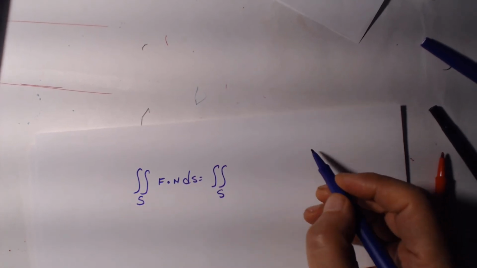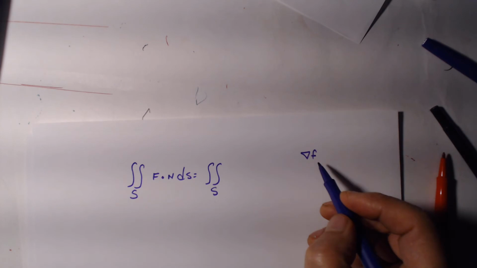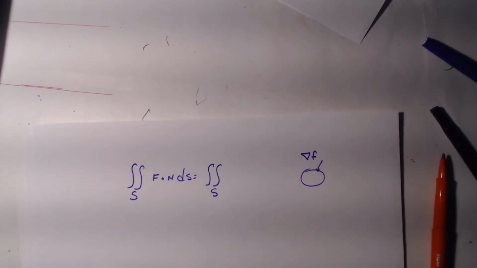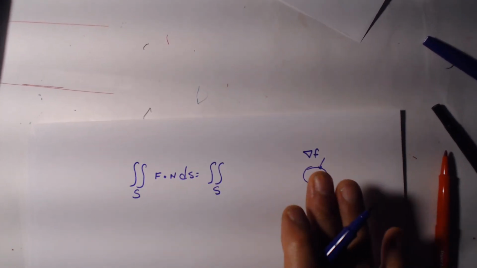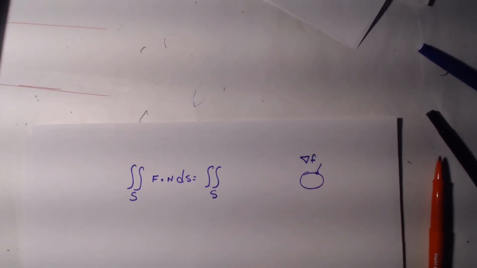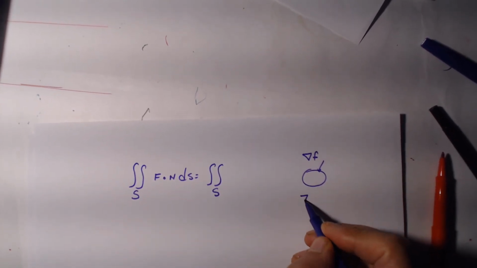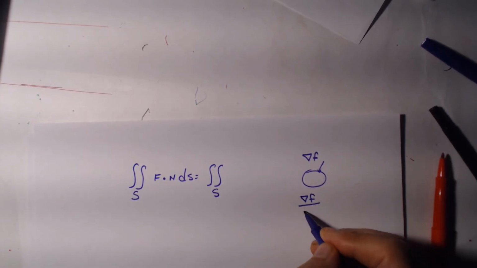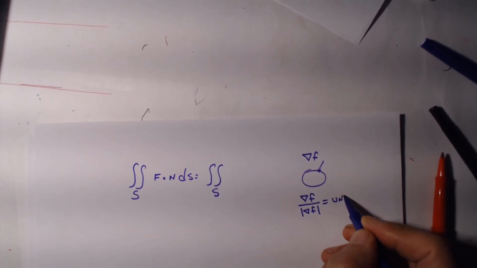And if you remember, we always said the gradient of the function is always normal to the level curve. That's one thing. Therefore, if it's a scalar valued function, you can consider its gradient as a normal vector, but the gradient's magnitude is not 1. Therefore, you divide it by its magnitude, and that becomes a unit normal.